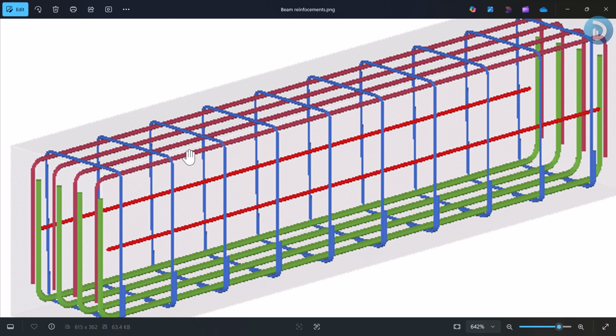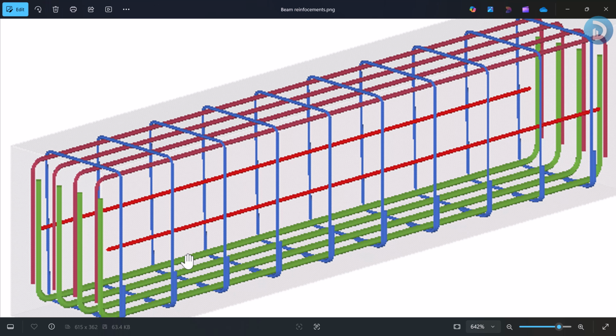This is our bar mark 01, an example of what it looks like. This is our bar mark 02, having a different diameter of reinforcement, but in that case we have three numbers of 20 millimeter. This is the third reinforcement which we have just looked at, where we have three numbers of 16 millimeter running from this point to this point.